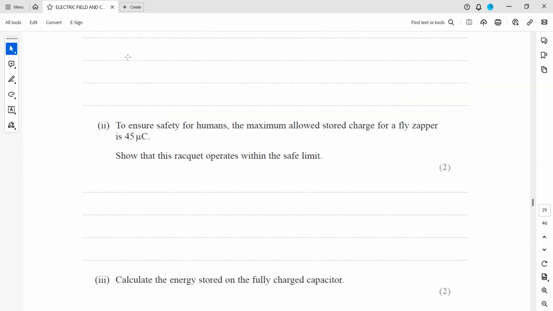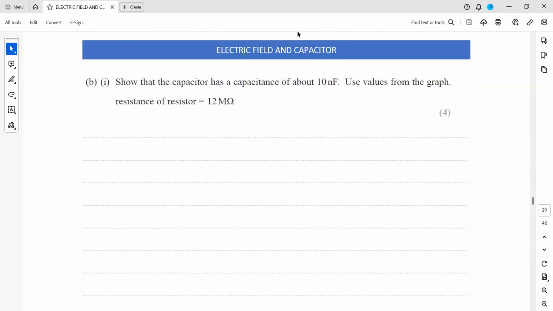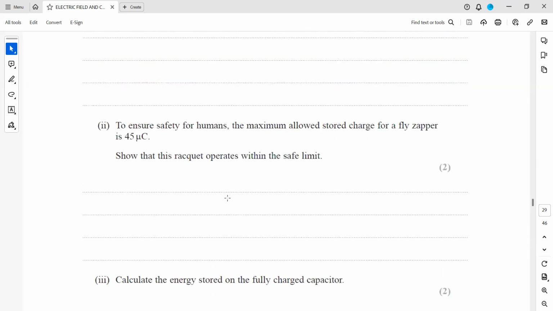So here, if you use 10 nano, Q equals CV. So if it was 10 nano, like 10 into 10 to the power minus 9, and voltage, the operating voltage is 1500.